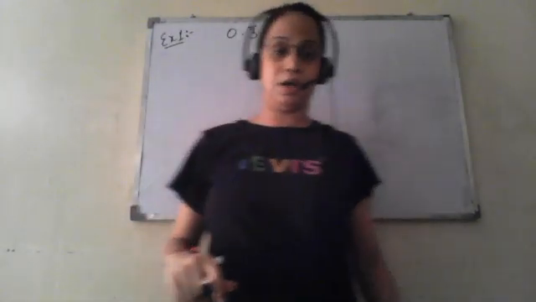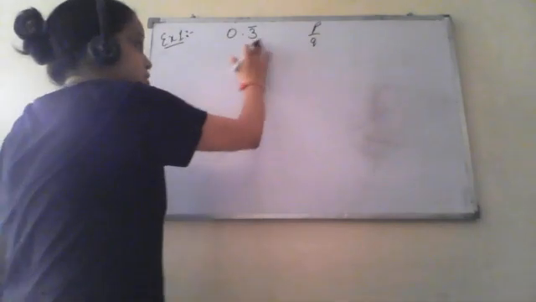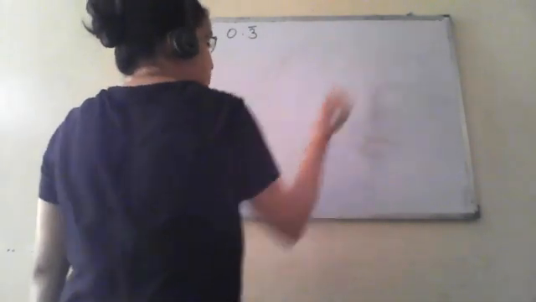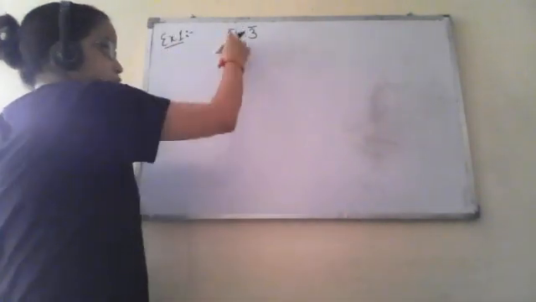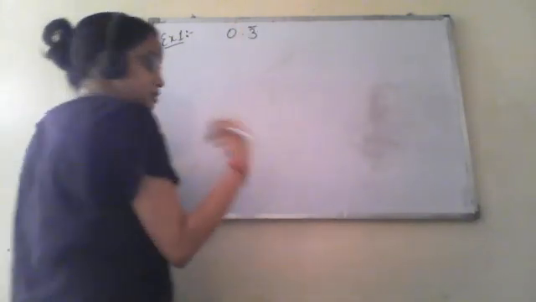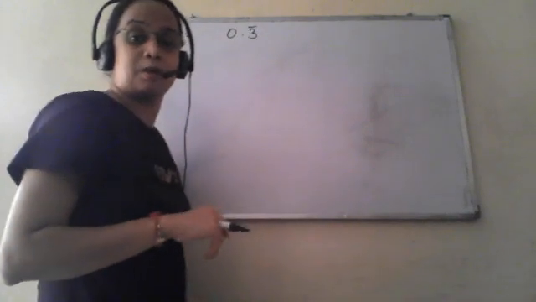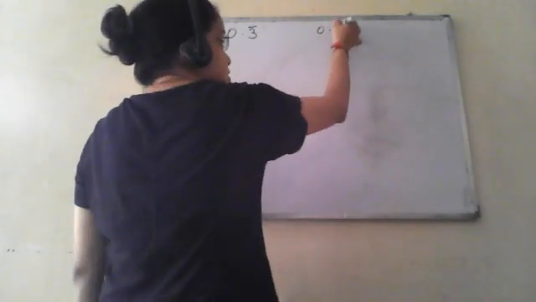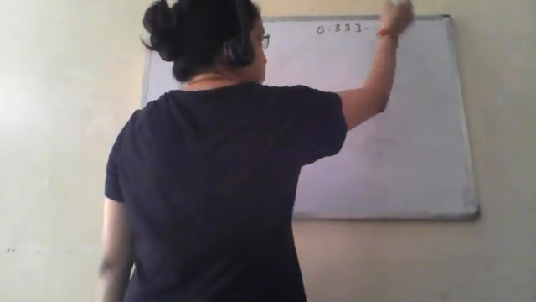This is a condition we have studied for rational numbers. The bar has been put on 3, that means this digit 3 keeps repeating. So it can be written as 0.333 with a dotted line.